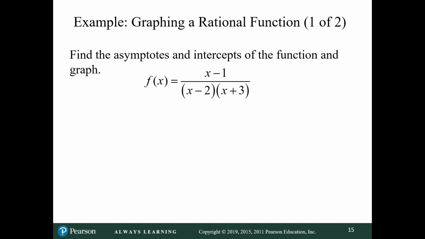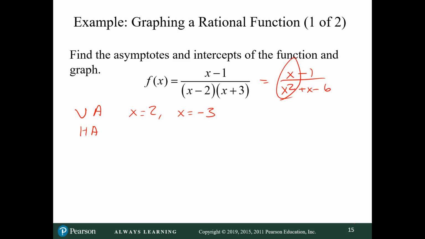This function, what is our vertical asymptotes? It has two of them, x equals 2 and -3. Horizontal asymptote. Now, on the top, it's x minus 1. On the bottom, it's x squared plus x minus 6 is what it winds up to be.